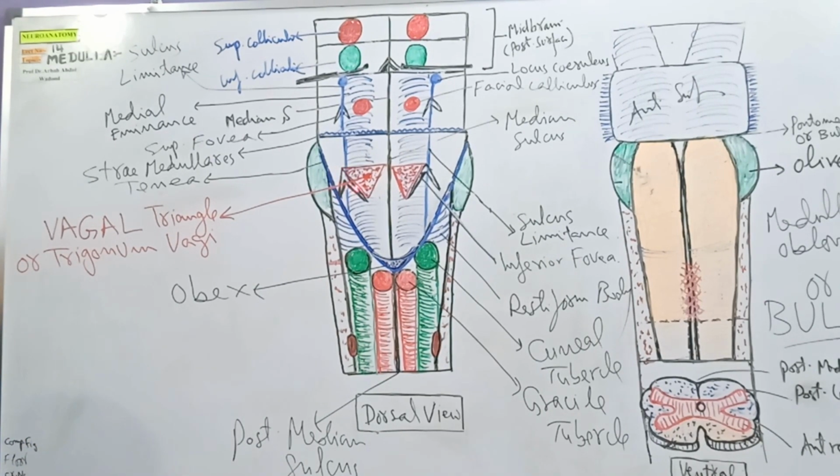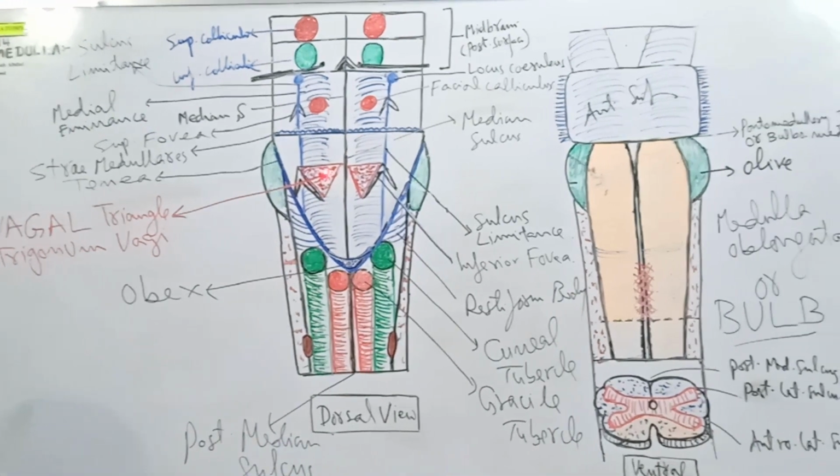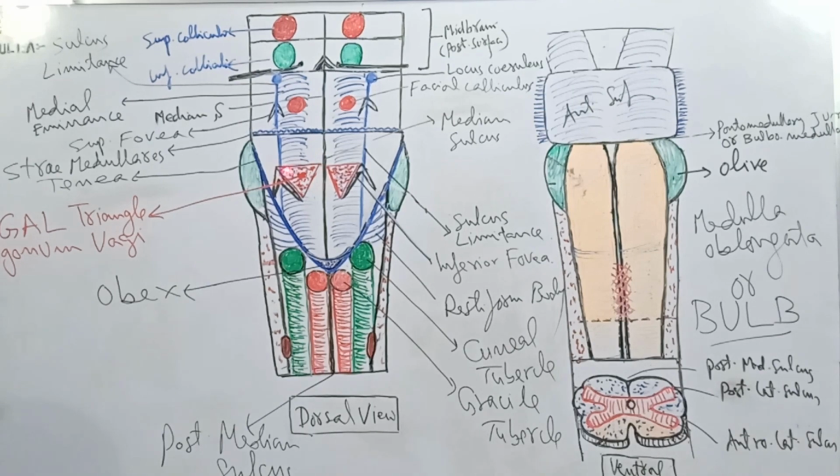This is the inferior fovea at the level of the sulcus limitans. Superomedial to the inferior fovea, this part of the medial eminence, this triangular area, with the apex directed downward and base upward, is called the vagal triangle or trigonum vagi. Why?